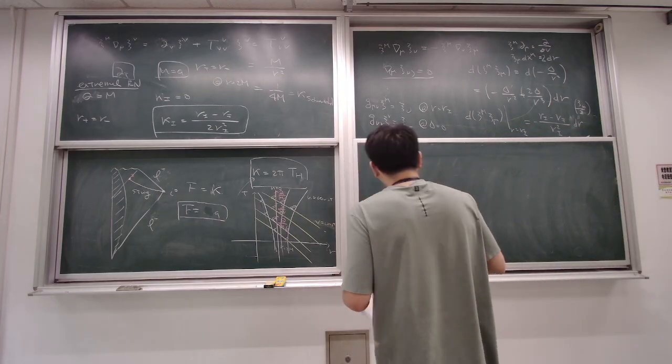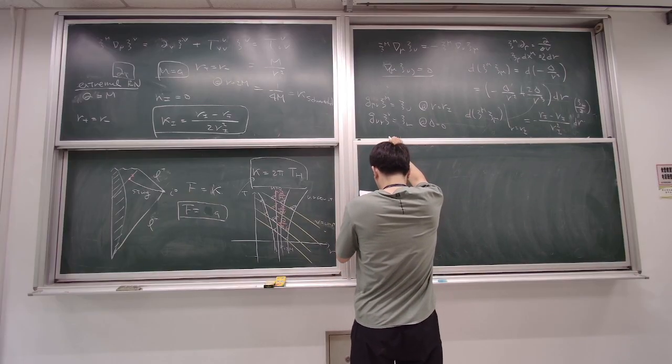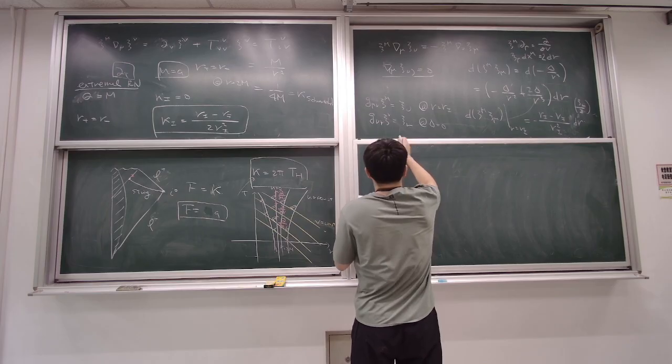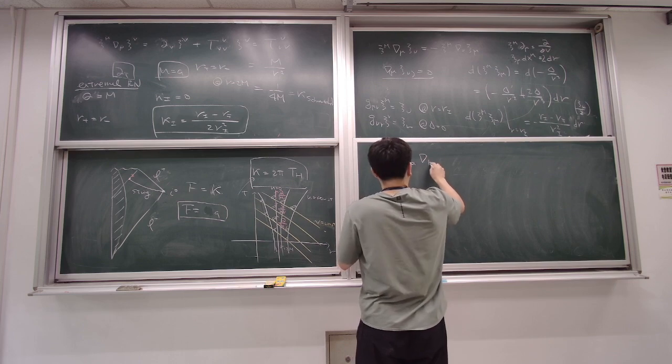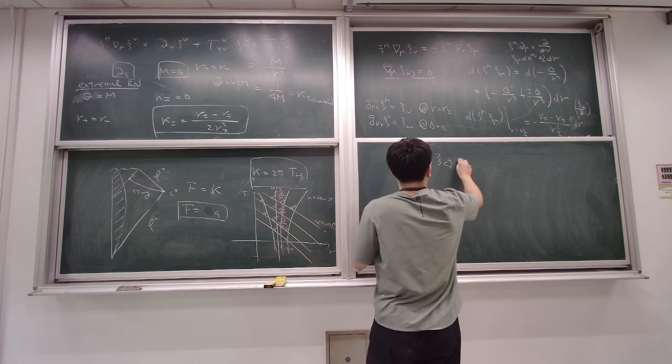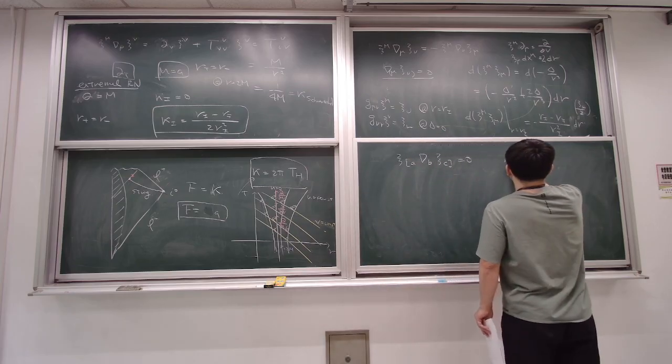One thing we have to accept is that since C is normal to the horizon, by the Frobenius theorem, this is equal to 0. This is normal to the horizon.